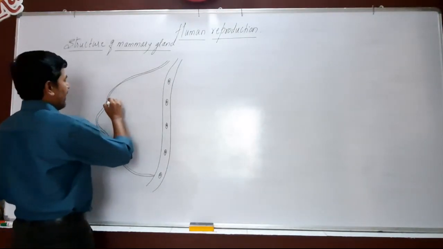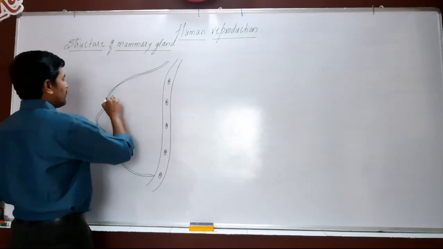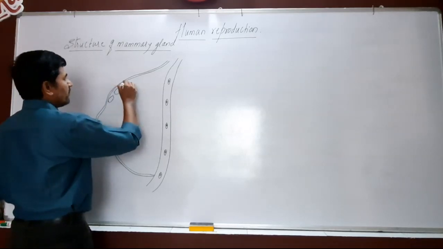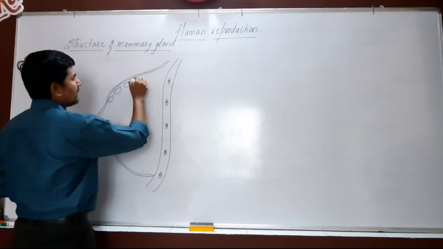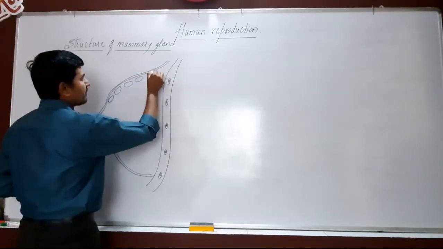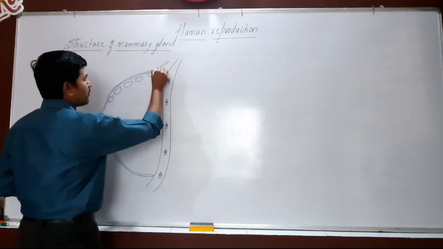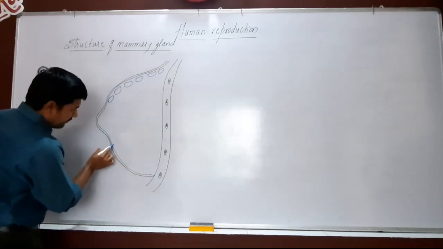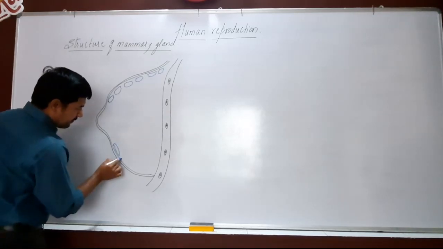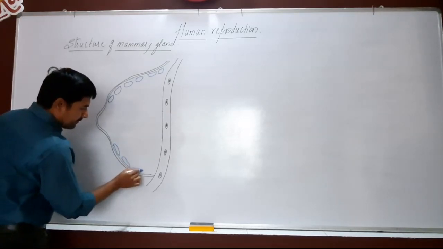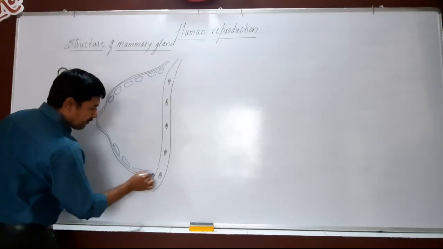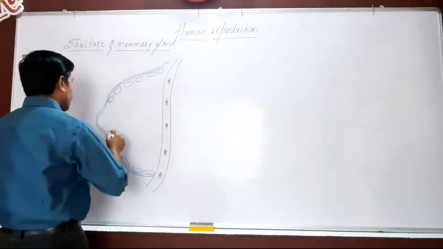there are certain fatty tissues that we observe in these mammary glands. So the presence of fat is also there.